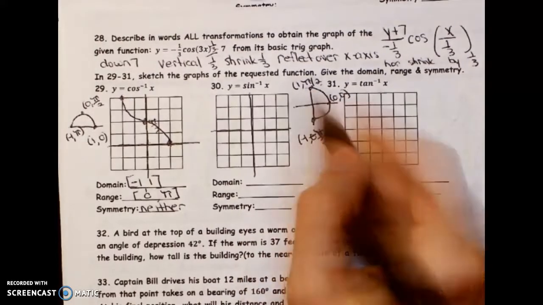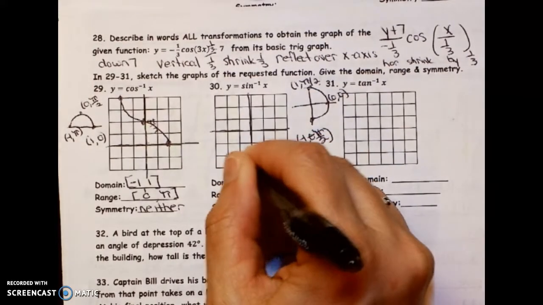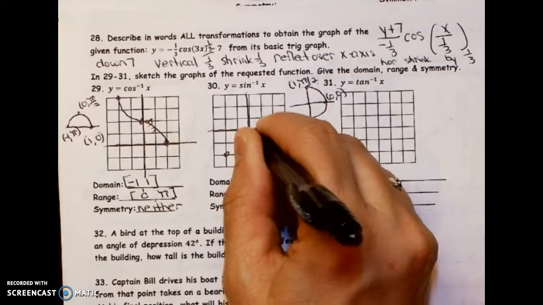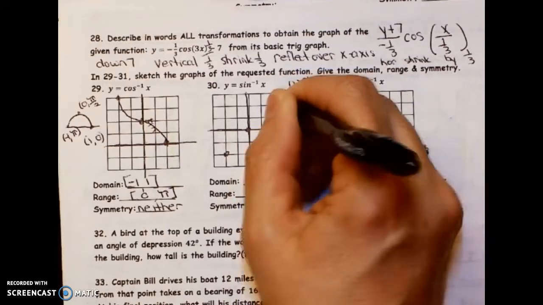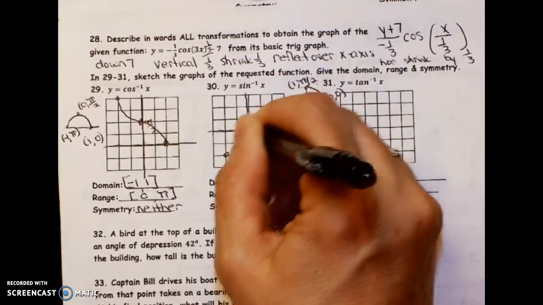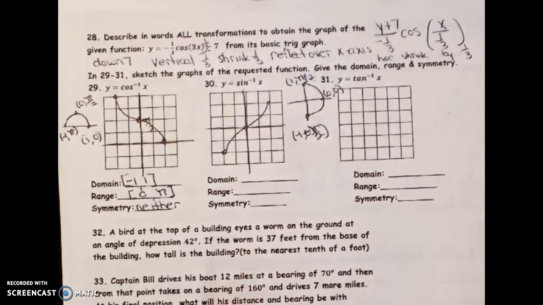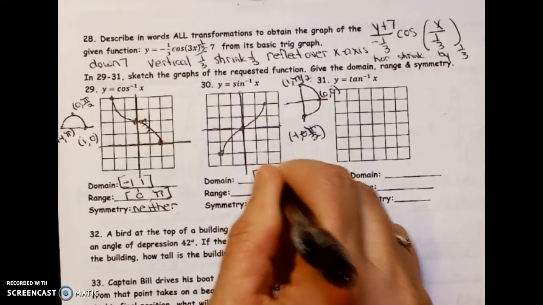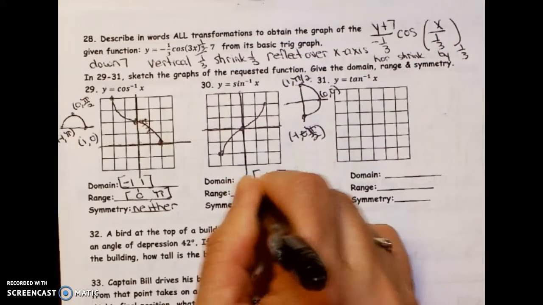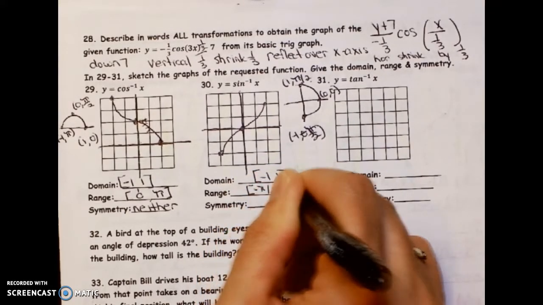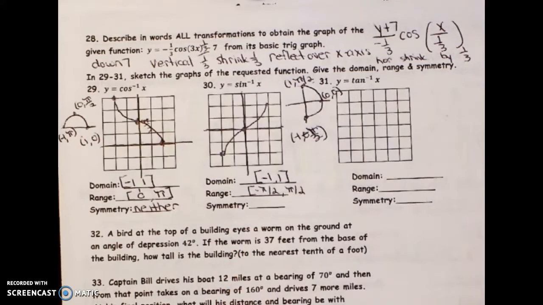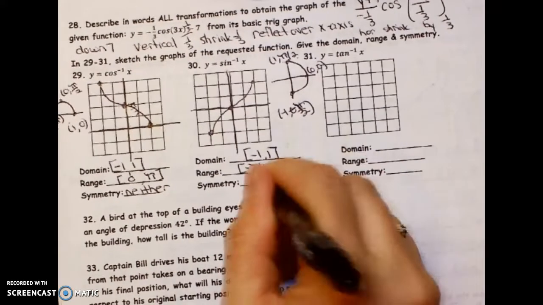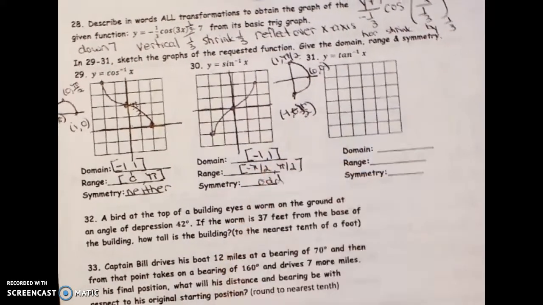To start, I have the point negative 1, negative pi over 2. We've got the point 0, 0, and we have the point 1, pi over 2. My domain is negative 1 to 1. My range is negative pi over 2 to pi over 2. In this case, it has point symmetry, which means this is odd.